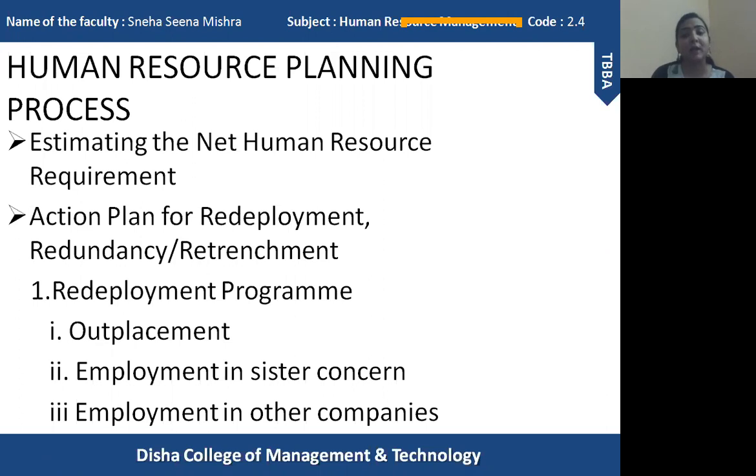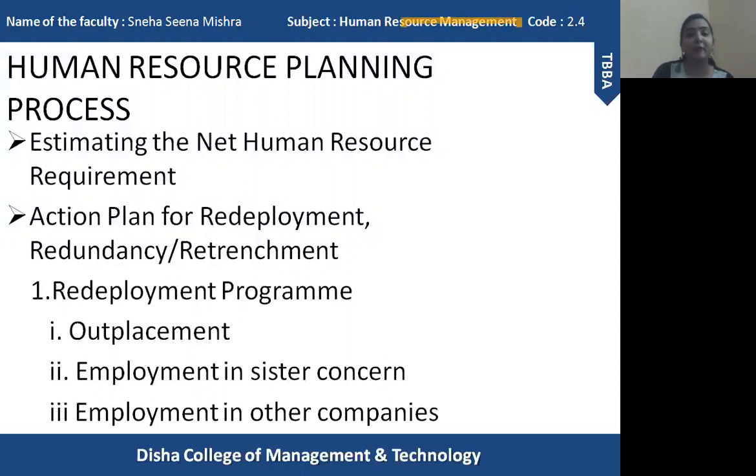So we need to compare the net human resource with the overall human resource requirement of the organization. That is, what do we actually need and what are we supposed to get during that particular future time period. So that we need to understand.